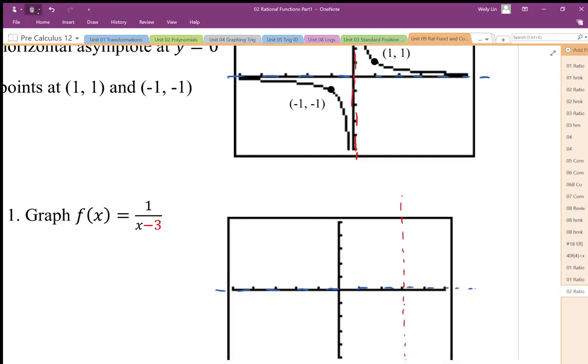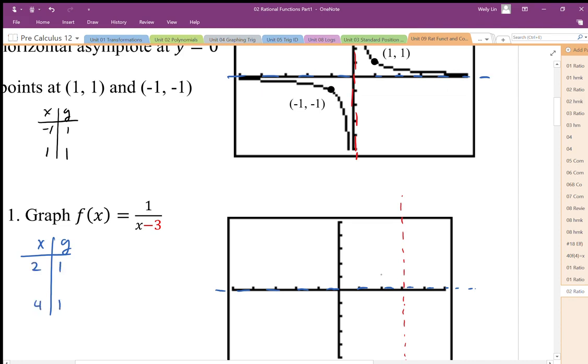Our positions, I'll do a table of values here. So we had a table of values of (-1, -1), (1, 1). Our shifted graph ends up being (2, -1) and (4, 1).